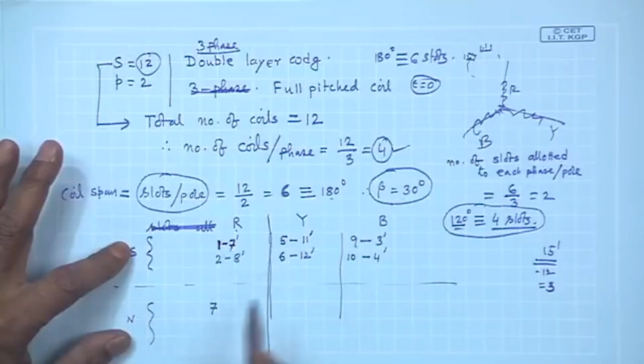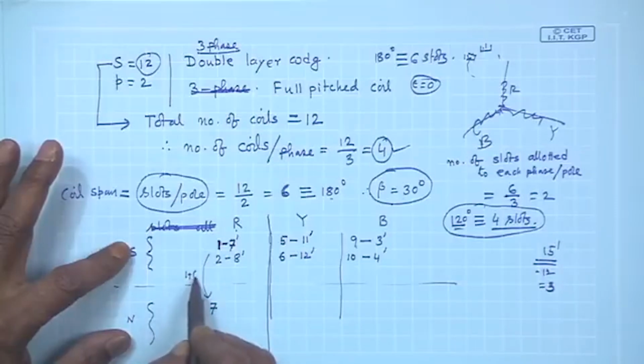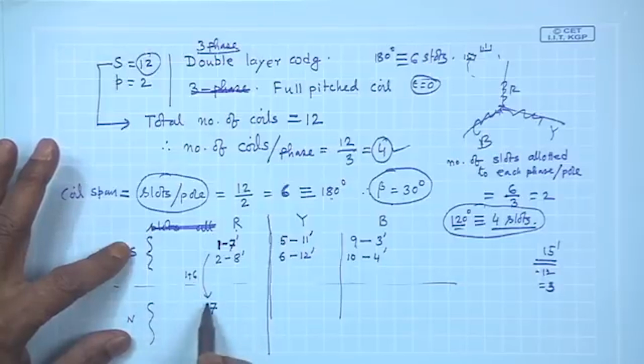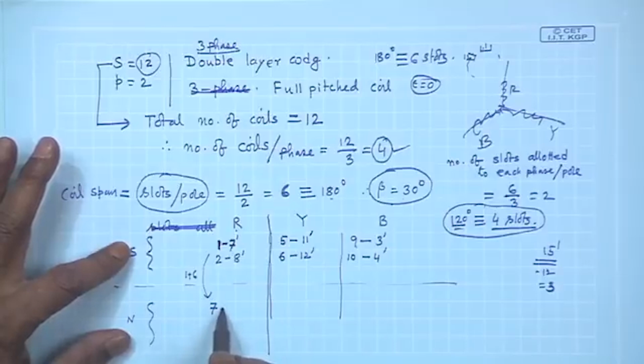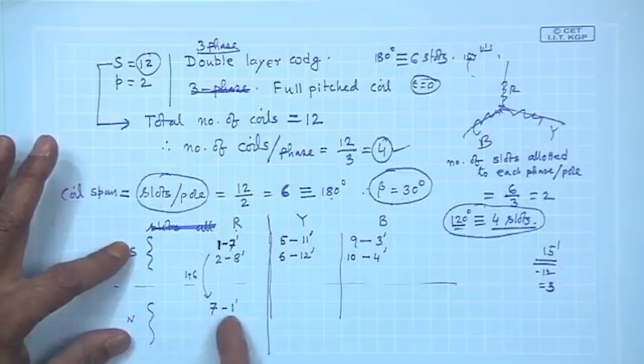Therefore, the other 2 coils must begin from 1 plus 6, 7. And once you get this number, no looking back. Coil is full pitch, so it should be 13 dashed, but 13 dashed is not there, it should be 1 dashed. Subtract 12 from 13, it will be like this, and allot 2 consecutive coils to R phase, and then it should be 8 2 dashed, like that.